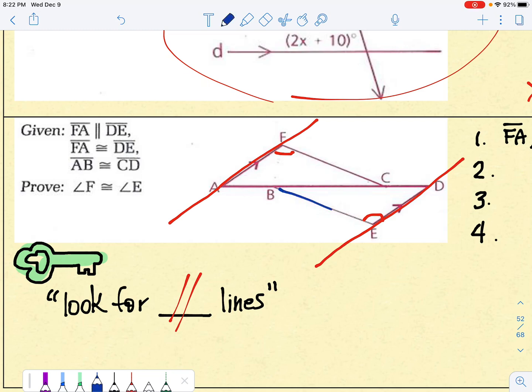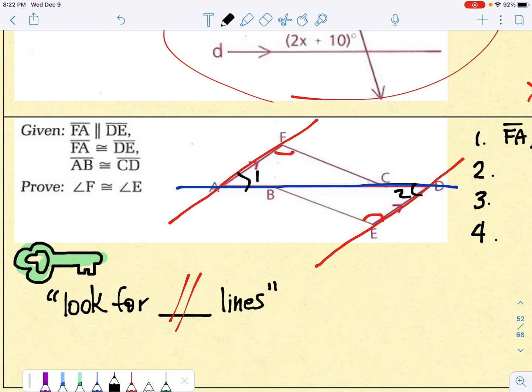For example, BE is not a transversal because it doesn't go through both lines. So AD is a transversal. And then what you would do is look for angles which are like one of those relationships that we've talked about. And here we can see that angle 1 and angle 2 are congruent to each other.